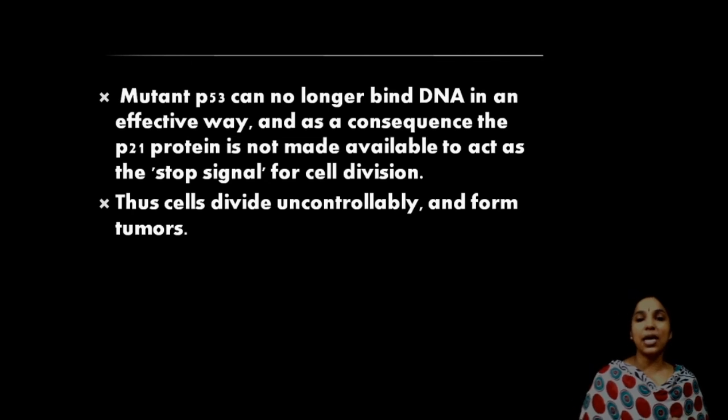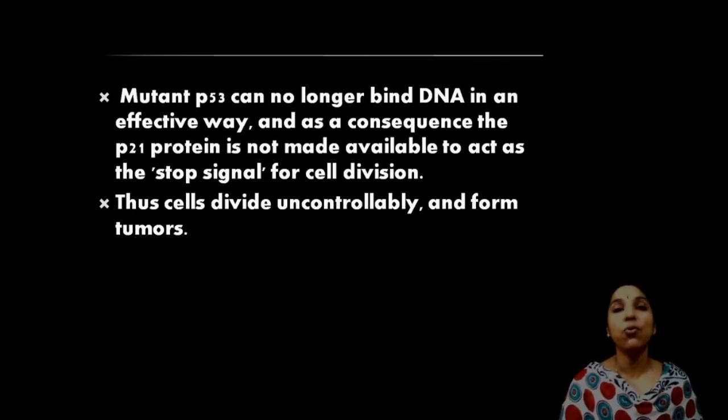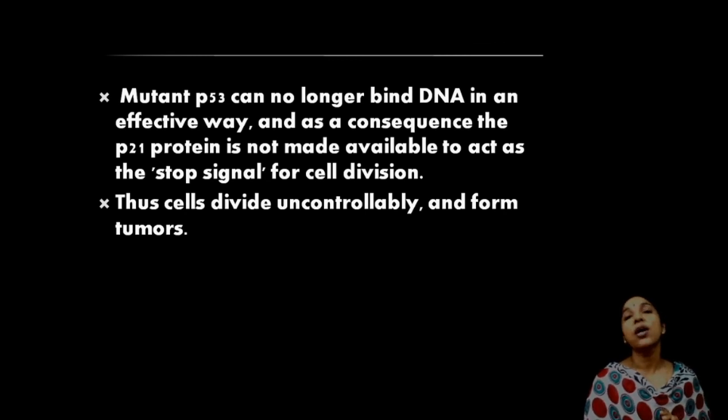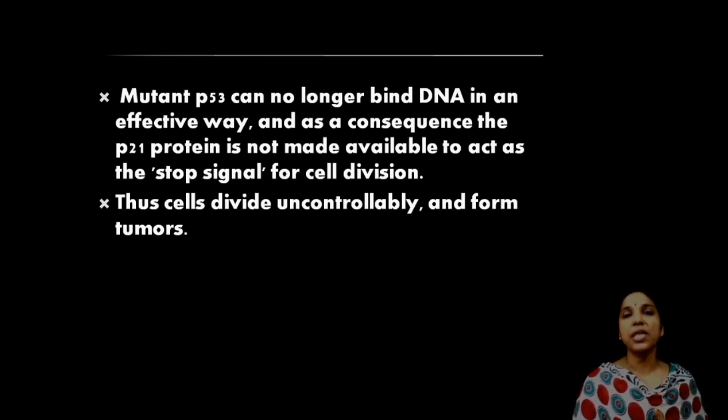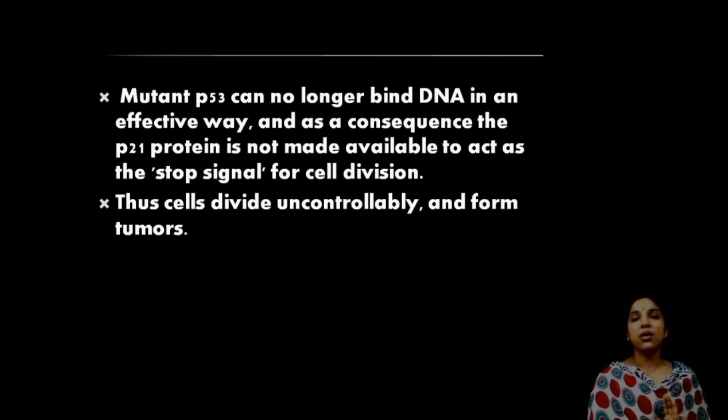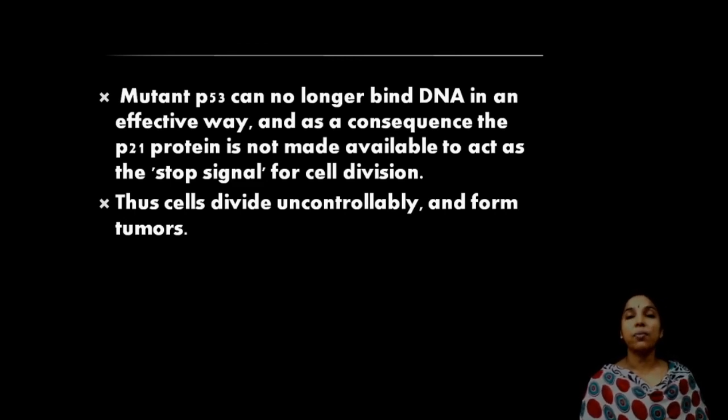The cell divides uncontrollably and forms a tumor when there is a mutant P53. So, when P53 becomes mutated, it never acts as a promoter, never binds DNA and never produces P21, so there are no signals. So, what happens? The cell divides and results in a tumor.